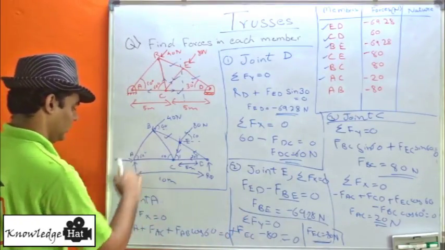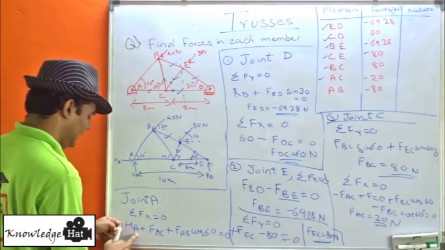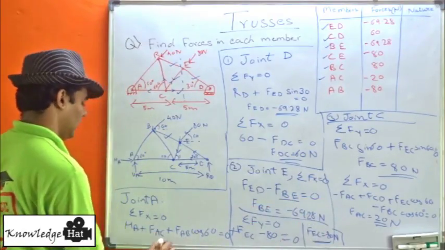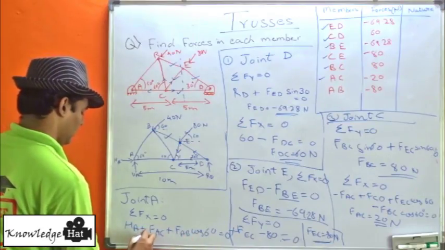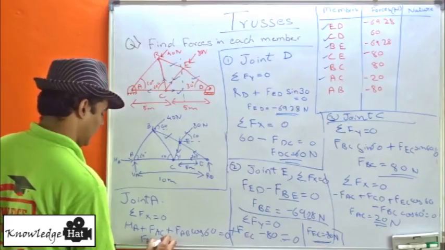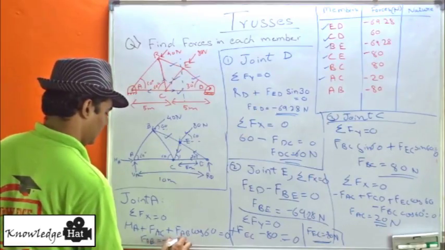Using the values we calculated earlier for HA and FAC, we just need F of AB. So F of AB by solving we get as minus 80 newtons.